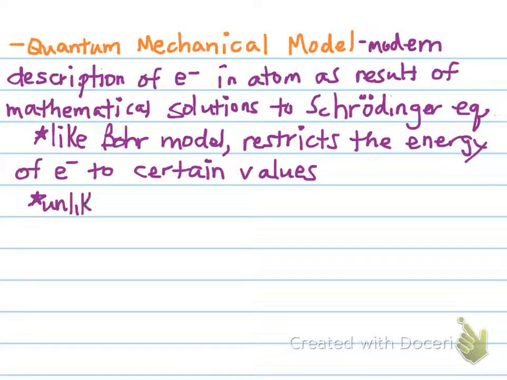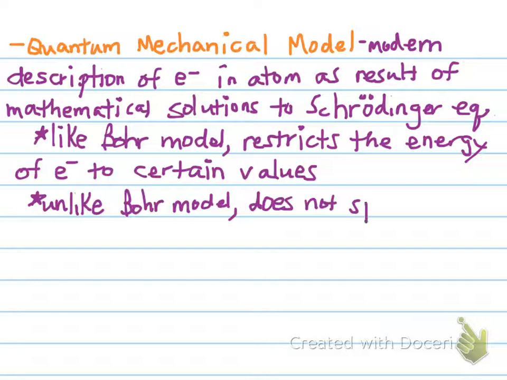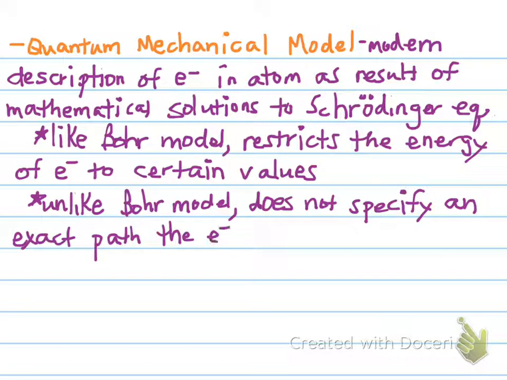Unlike the Bohr model, the quantum mechanical model does not specify an exact path the electron takes around the nucleus.